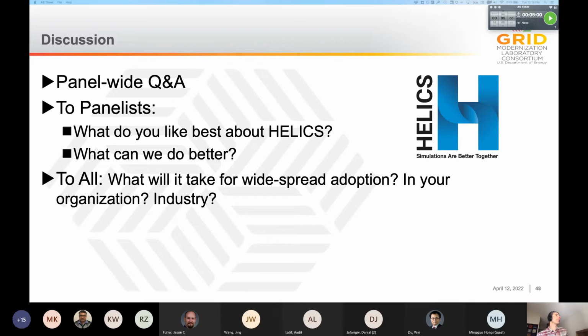And for anybody, presumably also those using it, but maybe there are other perspectives too, what would it take for wider spread adoption? That could be locally within the research team you're already on, or also if you had any thoughts about, yes, we can do it, but for X reason or another, we really need to change it so that there'll be even broader industry adoption. So any thoughts on that space? Open forum.